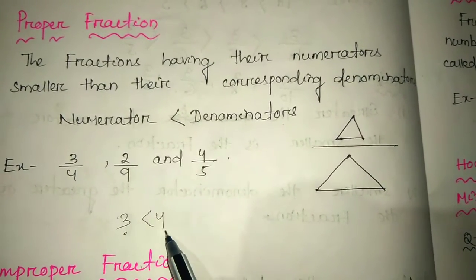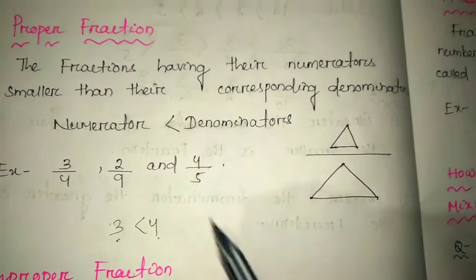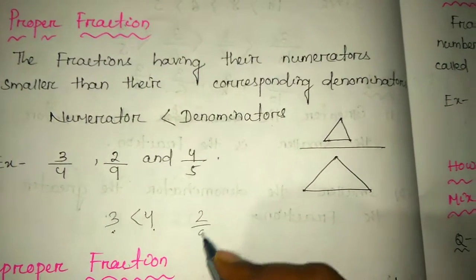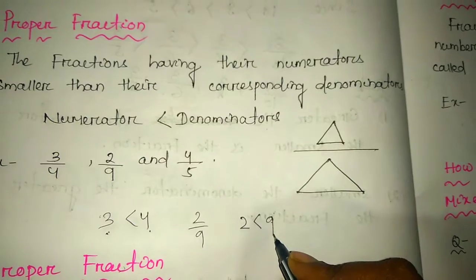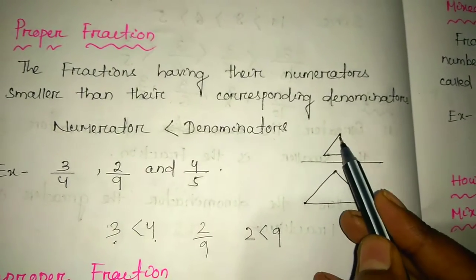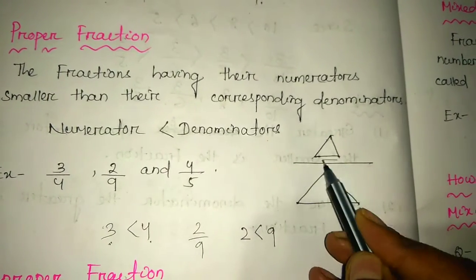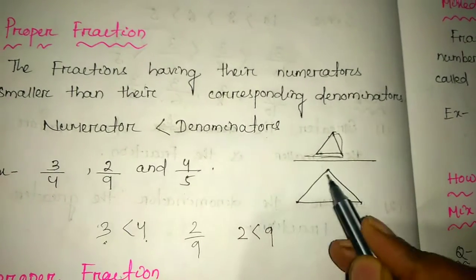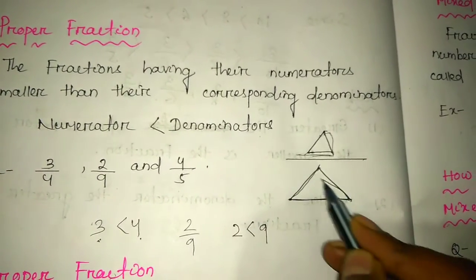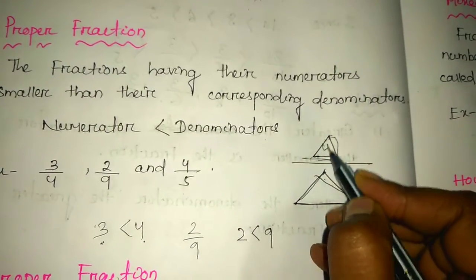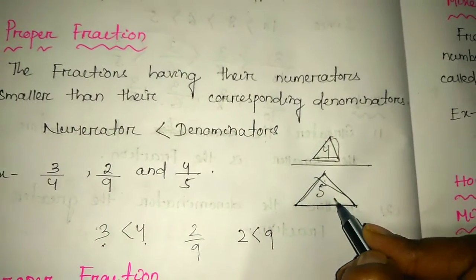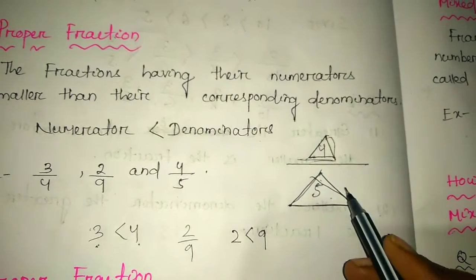In 2 by 9, the numerator is also smaller than the denominator. And in 4 by 5, 4 is smaller than 5.